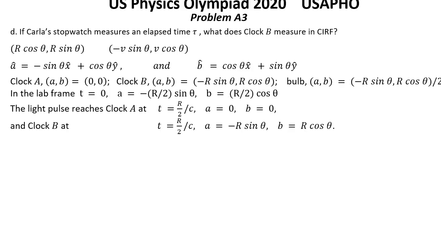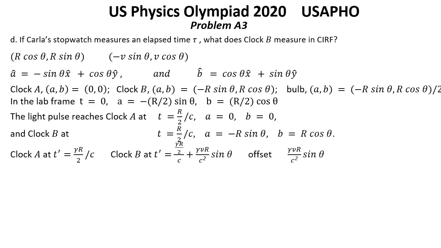Under Lorentz transformation from the lap frame to CIRF, the light pulse reaches clock A at t prime equals gamma r over 2c, and clock B at t prime equals gamma r over 2c plus gamma v r over c squared sin theta. Thus, clock B reads the same time as clock A with the offset gamma v r over c squared sin theta in the reference frame moving at Va equals v and Vb equals 0.